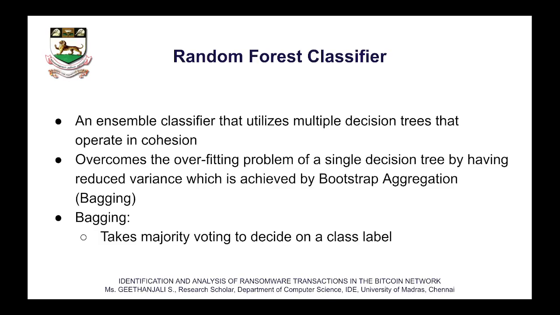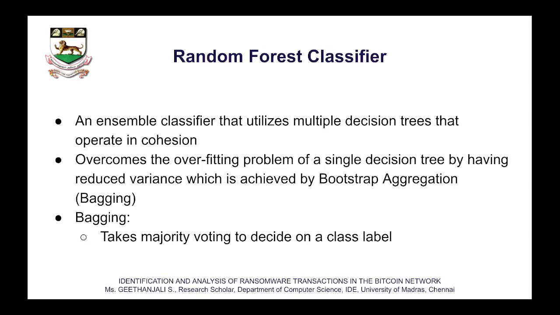A random forest classifier is basically a classifier that is going to build multiple decision trees which are going to operate in cohesion. The major advantage of going for a random forest classifier is that it's going to avoid the overfitting problem that the use of a single decision tree could have. This is done by reducing the variance, and this is achieved by the bootstrap aggregation concept, or shortly known as bagging.